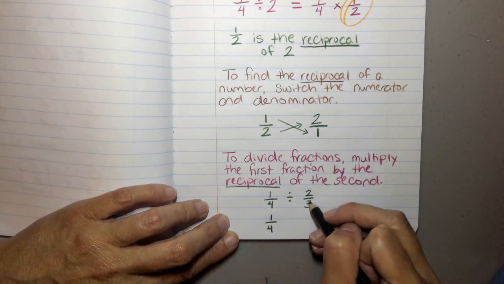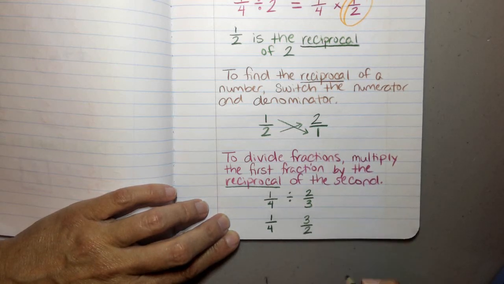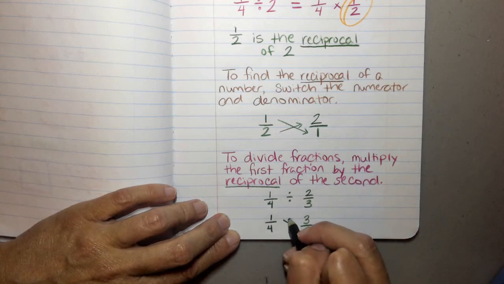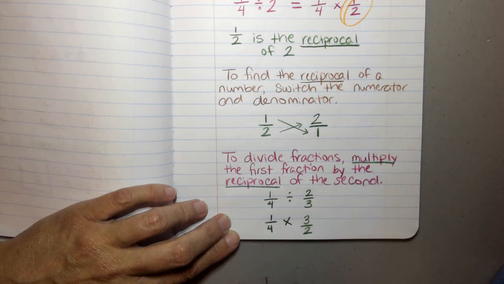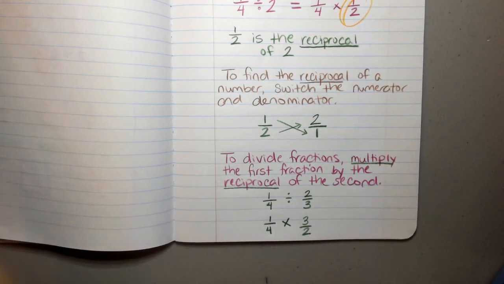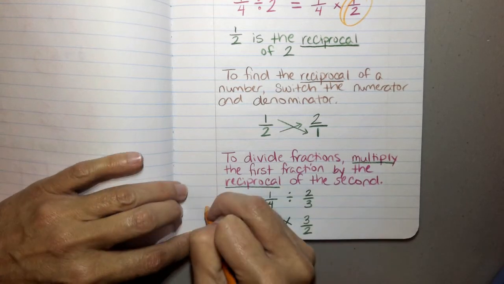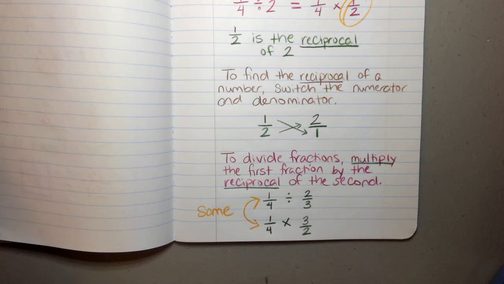So what's the reciprocal of 2/3? I'm switching. See, the 2 is on top, now the 2 is on bottom. And now we're multiplying. So 1/4 divided by 2/3 is the same as 1/4 times 3/2.